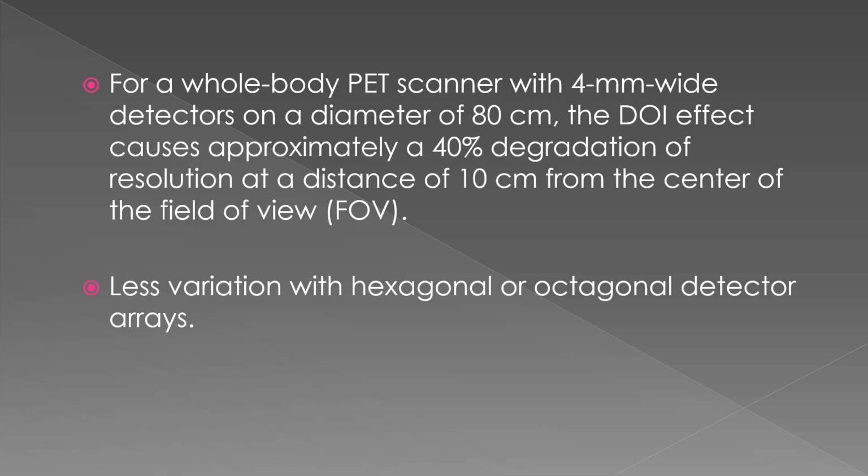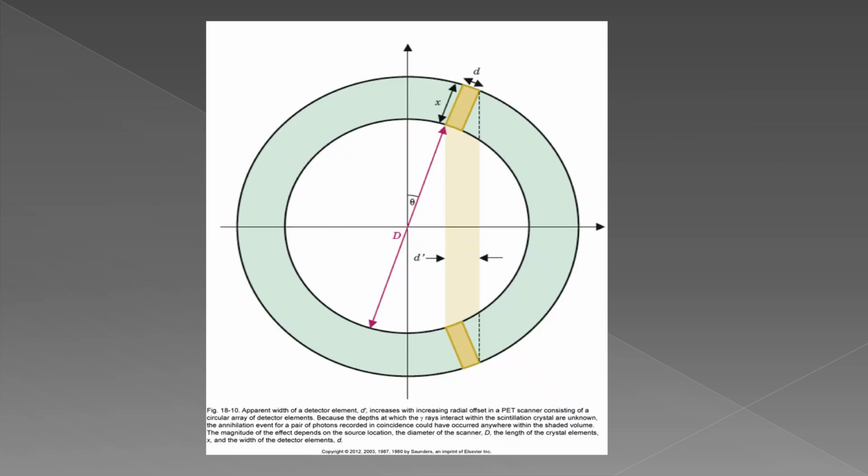You have less variation with hexagonal or octagonal detector arrays. A lot of times they've had squares in the past, or even circular ones in the very early days of PET, and that's just really hard, you're going to end up losing some counts that way.